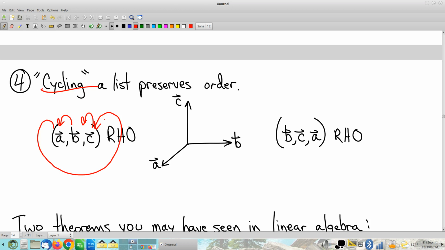So everything moves over by one, and the one that falls off goes back to the other side. When you do that, that preserves the order. And to your question, when you cycle, that is effectively two trades. So that changes the order twice, and thus preserves the order. Again, it doesn't really make much sense in 2 dimensions, but it's a nice new fact for 3 dimensions.